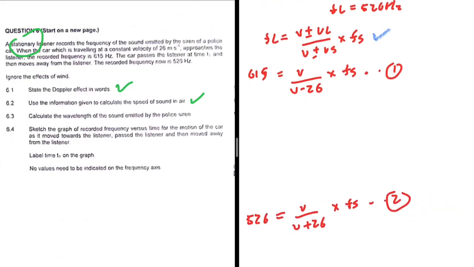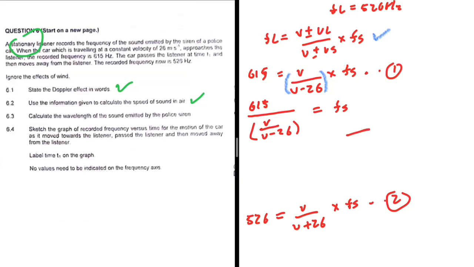So with equation 1, we're going to say 615, everything divided by V minus 26, is equal to Fs. We're just dividing everything by the coefficient of Fs. But we can switch that division into a multiplication, right?